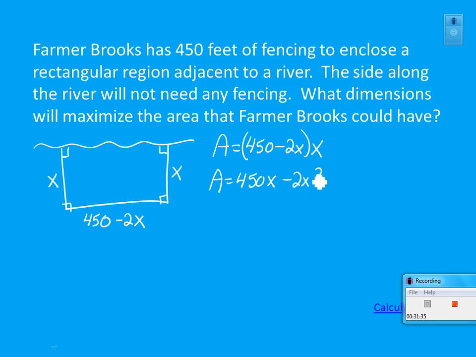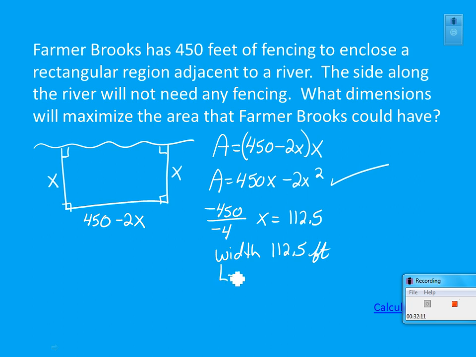Now we want to maximize it. Well, look at what we got once again. A parabola. So let's find the vertex. The opposite of B over 2 times A, negative 4. It tells me that x is going to be 450 over 4, 112.5. So what do I know so far? I know my width needs to be 112.5 feet.